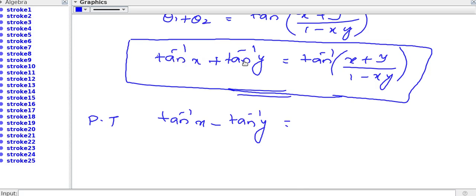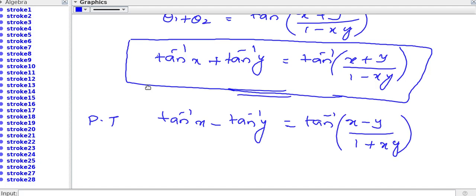Tan inverse x plus tan inverse y is tan inverse of x plus y by 1 minus xy. So if it is tan inverse x minus tan inverse y, what will happen to this side? Just replace plus and minus. So tan inverse of x minus y by 1 plus xy.